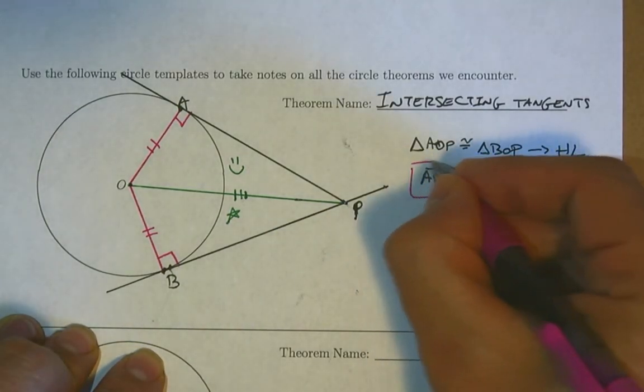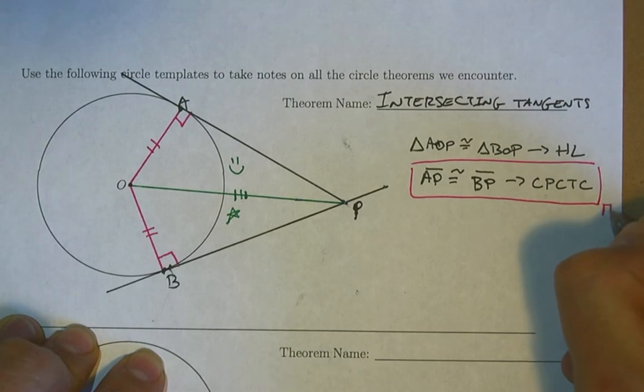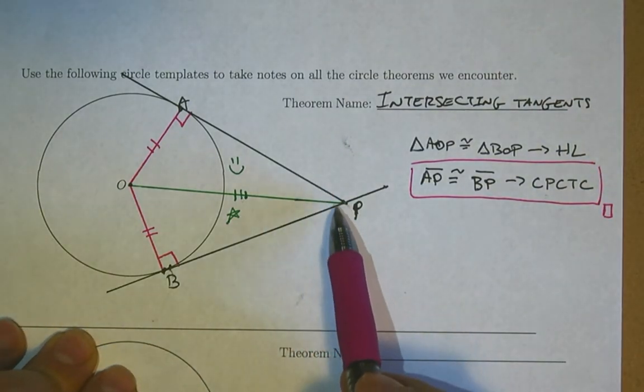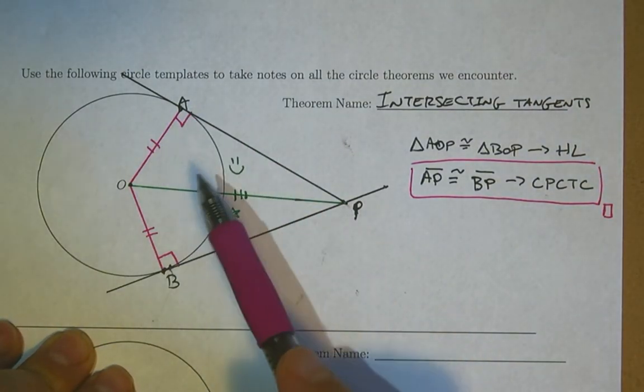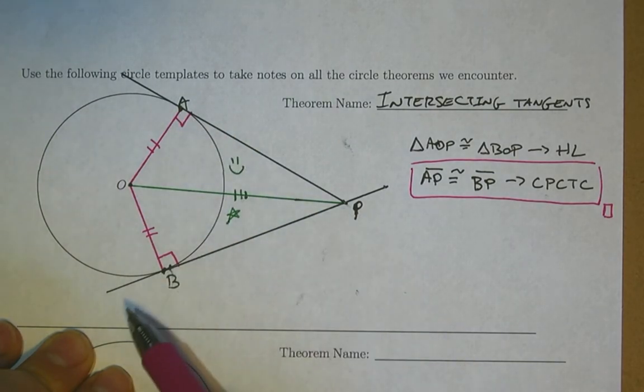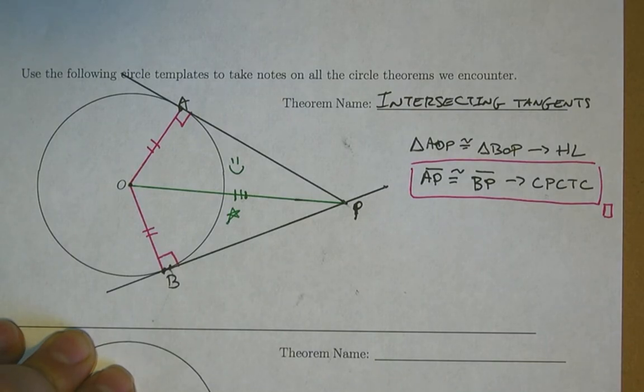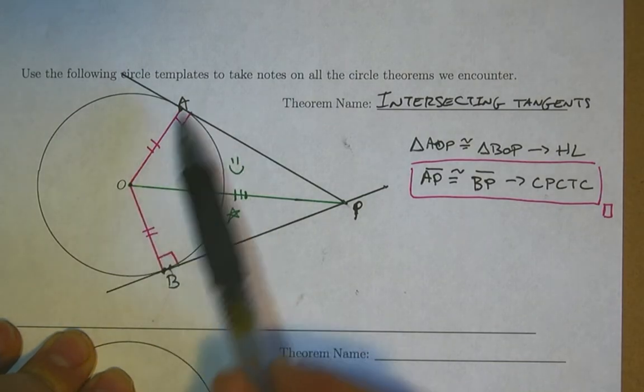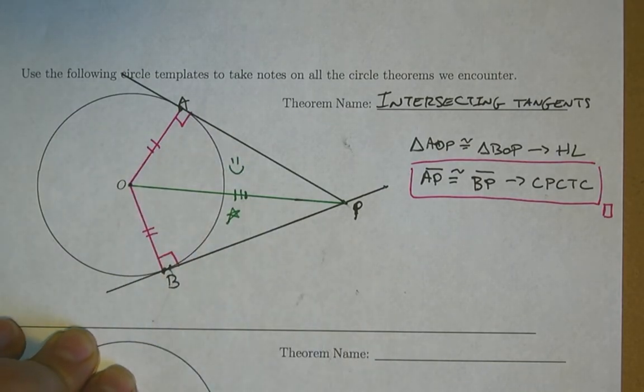We've shown that these two tangent segments, AP and BP, are congruent. That means that AOBP is what kind of shape? Think about what kind of shape we've made there just by using some radii and two tangents.